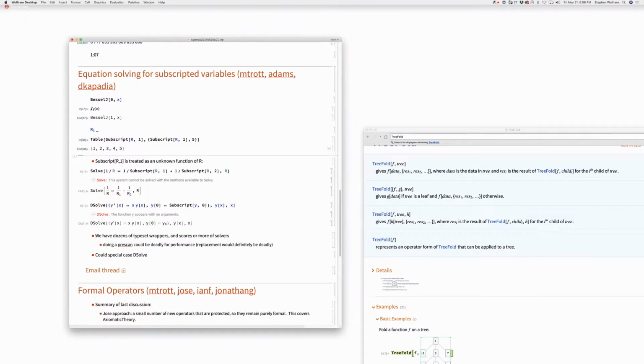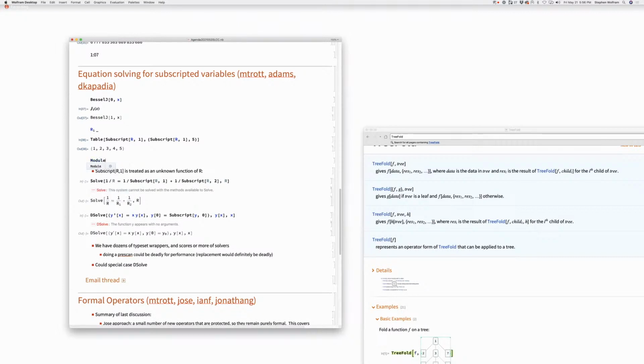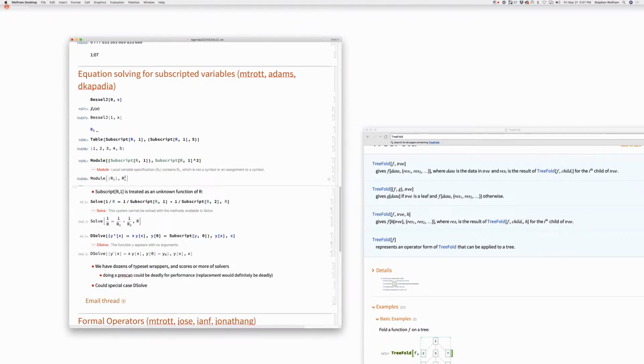It works in Plot also. I have to say, maybe we need a more careful analysis.